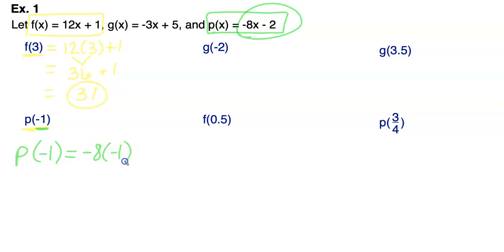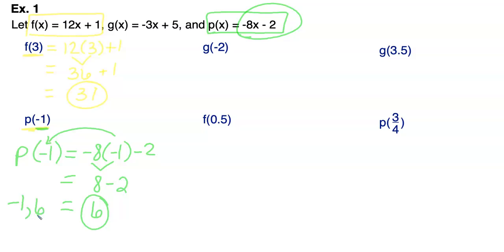Well, x is negative 1. We wrote that right there. Minus 2. Order of operations says we have to take negative 8 times the negative 1, so we get 8 minus 2. So our function for p of negative 1 is going to be 6. So if we were to graph this, we'd put it at negative 1 and 6.